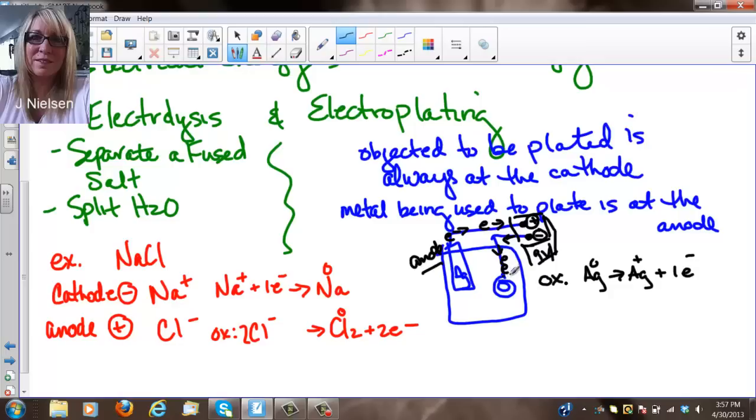So this is going to have all kinds of electrons on it. And I've got all these silver ions in solution. So they're going to be attracted to this negative charge. So for the reduction, I've got Ag plus 1 electron that it's picking up right there on the ring, forming Ag solid. So the silver plates on top of the ring.